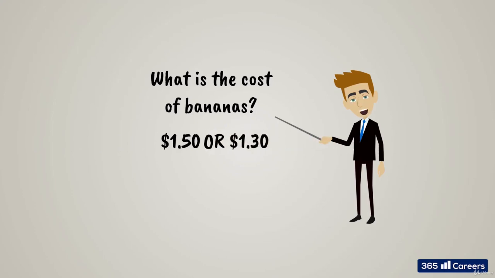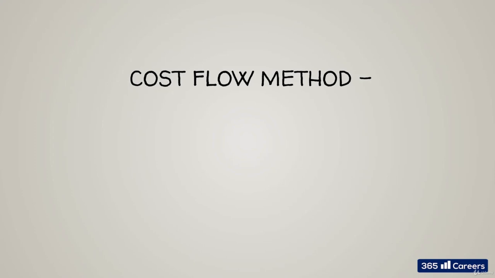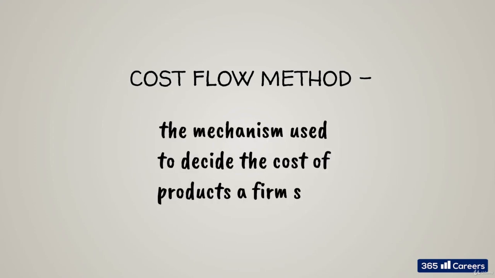Well, as usual, the short answer is, it depends. It depends on the cost flow method our firm has decided to use, the mechanism the company uses to decide which is the cost of the products it sells, whether the cost is $1.50, $1.30, or something else in our example.